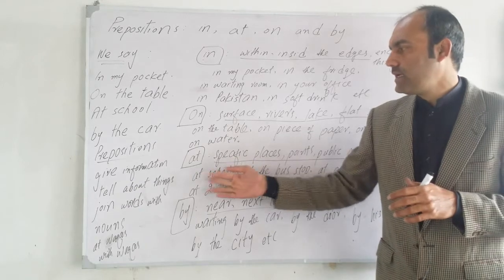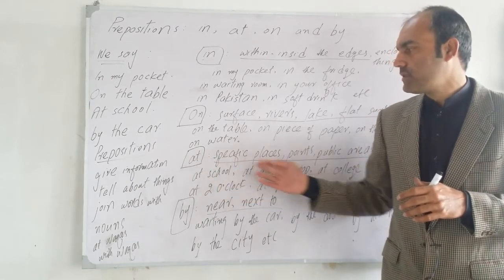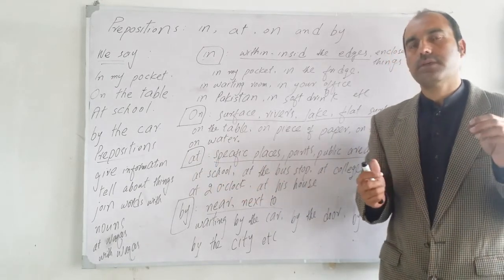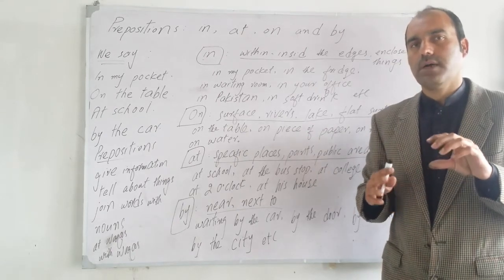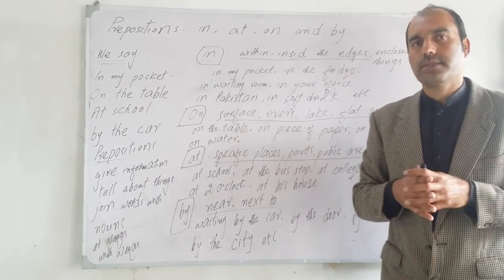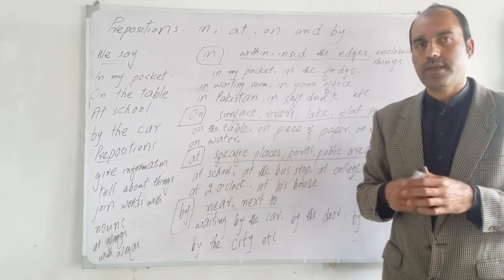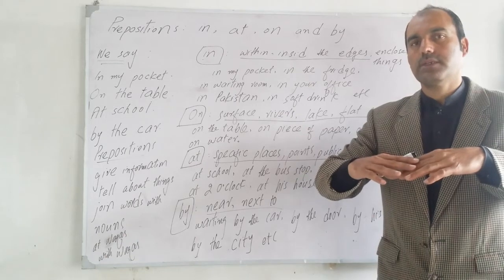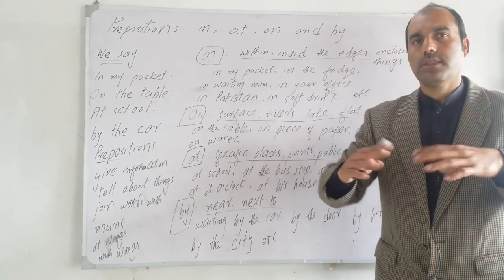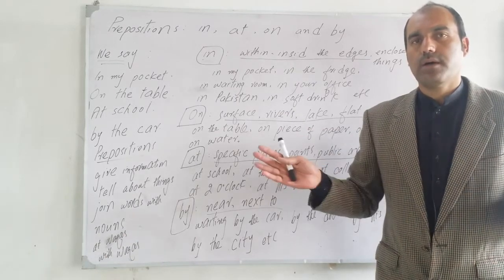When you say at school, it means a specific place, he has a specific position. He is standing at a point. And when you say in school, it means he is in an enclosed area.